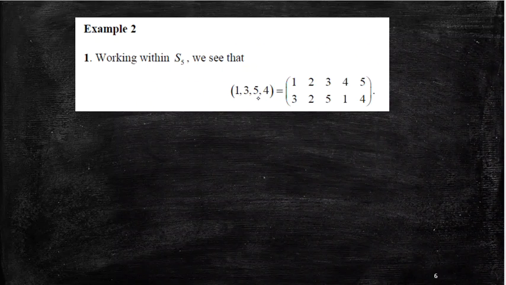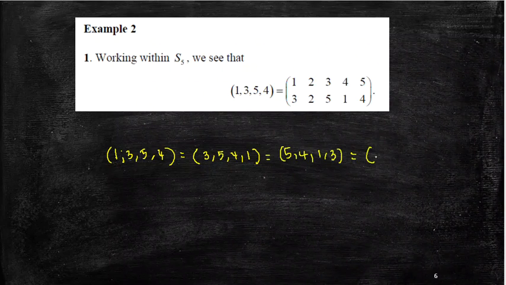From this cycle, we can see that (1 3 5 4) is also equal to (3 5 4 1), equal to (5 4 1 3), and also equal to (4 1 3 5).